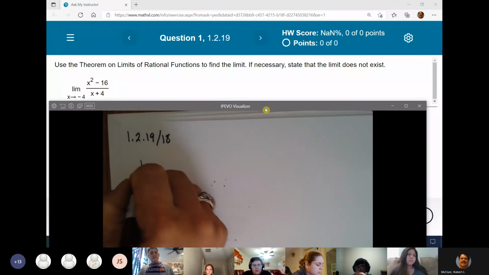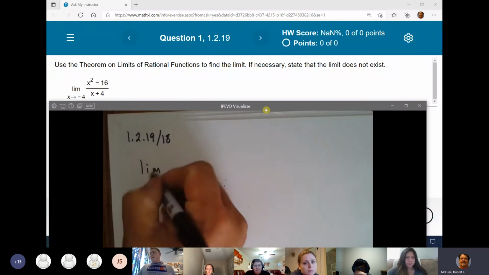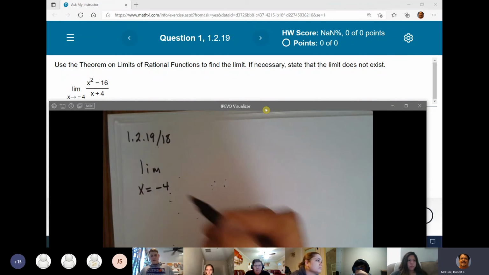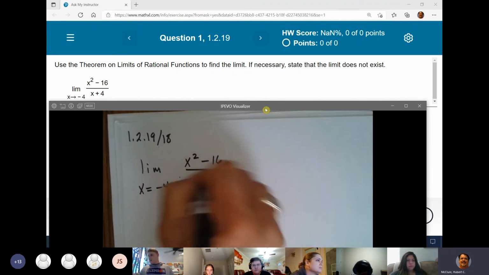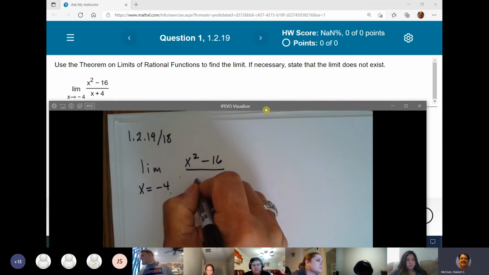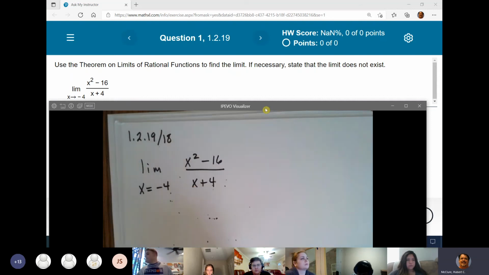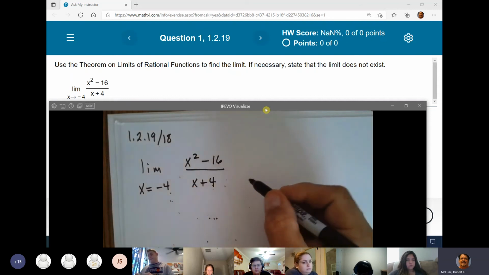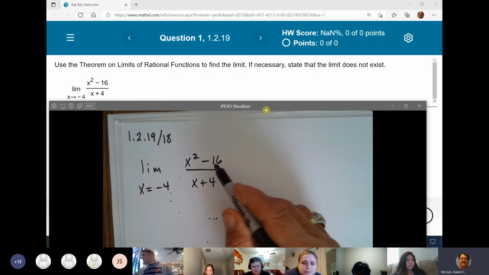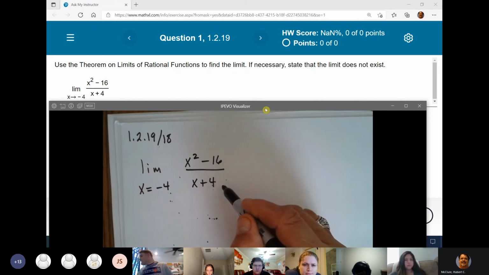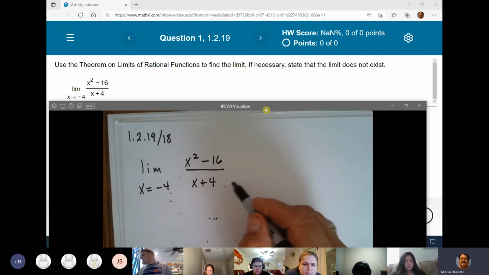Limit as x approaches -4 of x squared minus 16 over x plus 4. And this is what you would do. You'd say, okay, if I plugged in -4, that's going to give me 0 over 0, which is undefined.